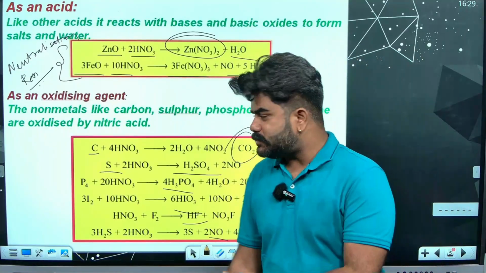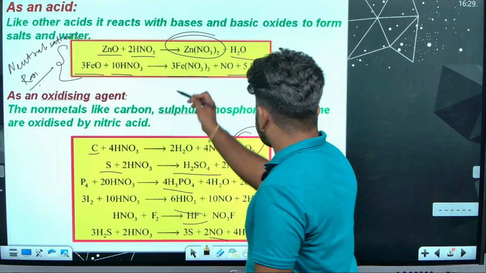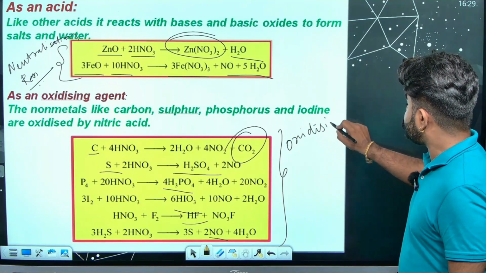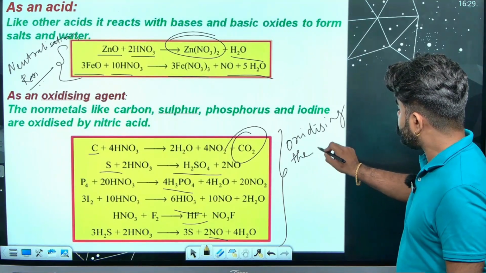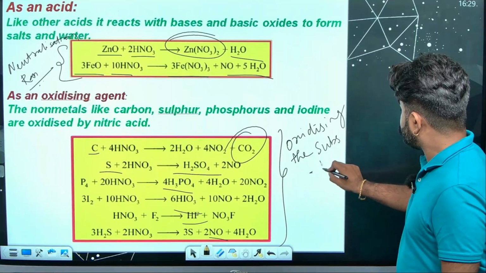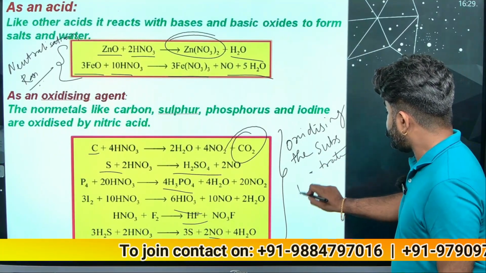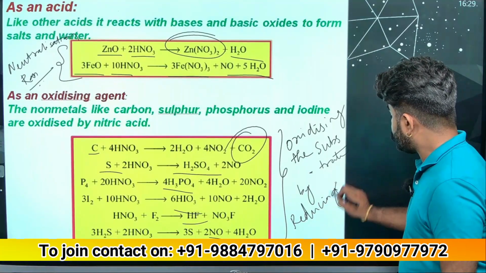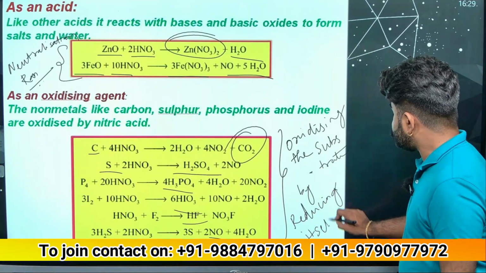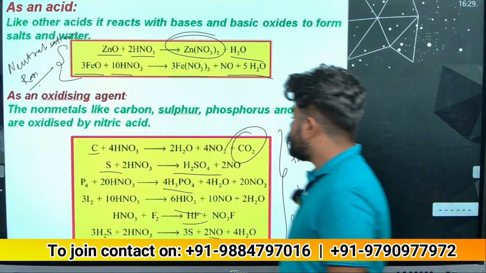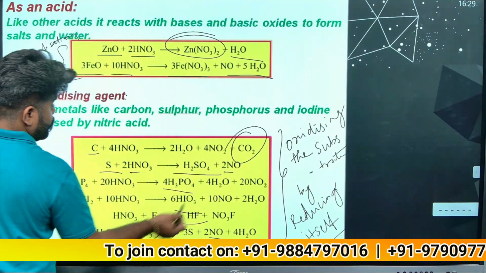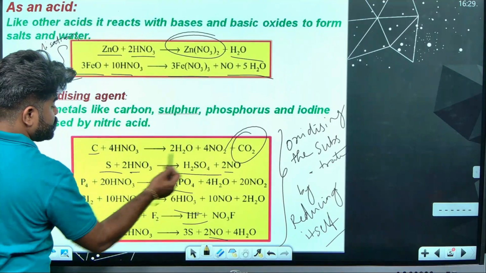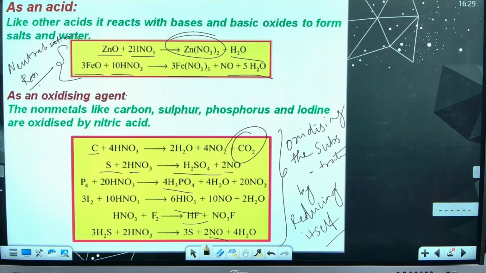So here you see that it is acting as an oxidizing agent because it is oxidizing the substrate by reducing itself. Oxidation number la calculate பண்ணி பாத்தீங்கன்னா இங்க இருக்கிற நைட்ரஜனோட oxidation number எல்லாம் நீங்க calculate பண்ணி பாத்தீங்கன்னா you will see that the oxidation number of nitrogen would have decreased in the product side.